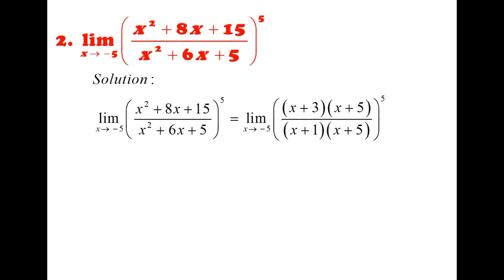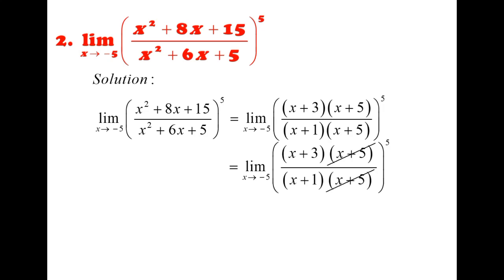I assume already that you are aware of how to factor. If you don't know how to factor, just go to my other videos on how to factor algebraic expressions, specifically quadratic trinomials. So we have now raised to 5 as x approaches negative 5. As we can see, the x plus 5 in both numerator and denominator can be cancelled because, through the multiplicative identity, it becomes 1.